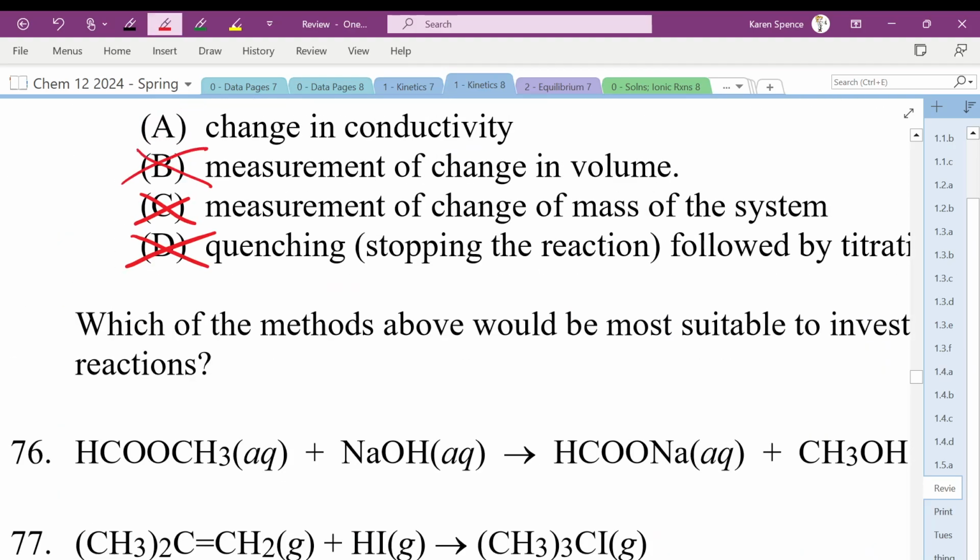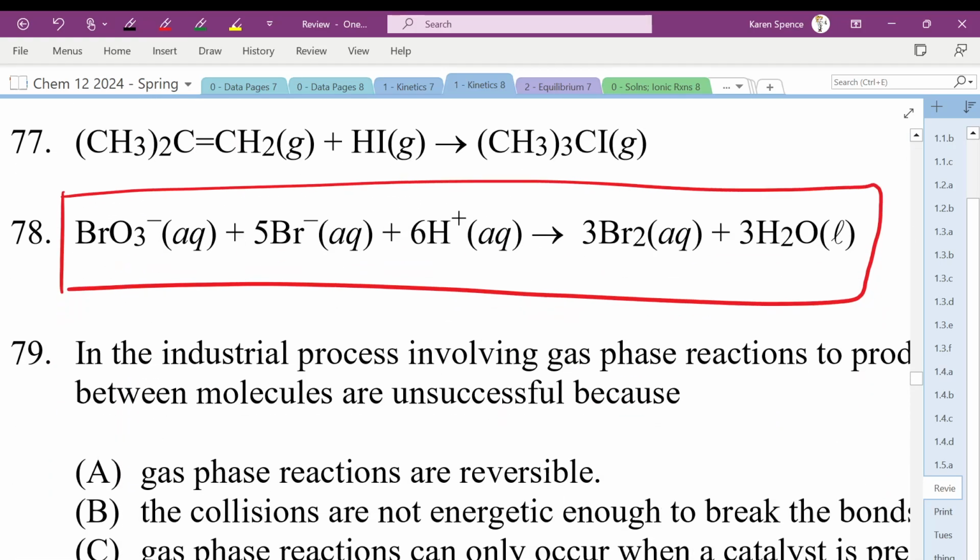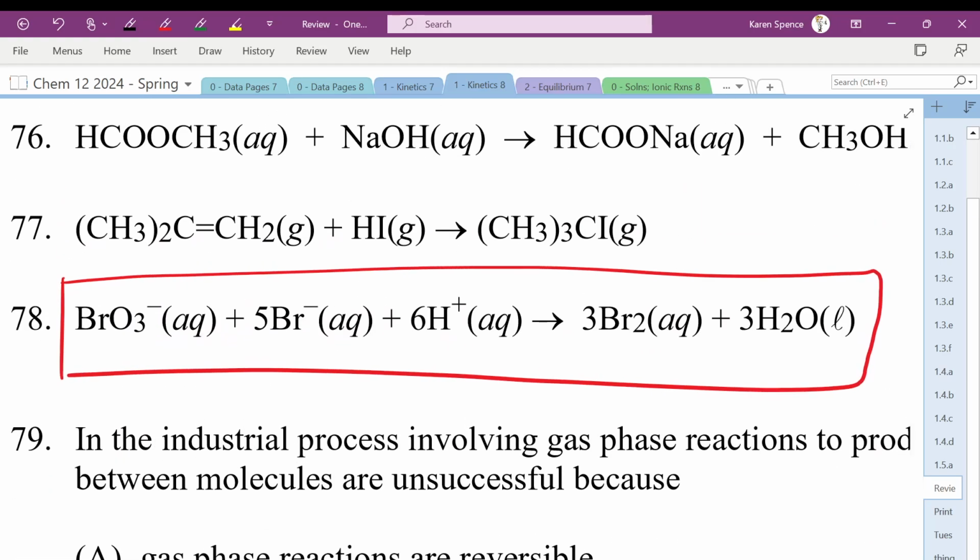So it's got to be a change in conductivity. Now, you can do it by process of elimination. You can also look and say, over in the reactants, I have an ion, I have 5 ions, and I have an ion. Ions conduct electricity in solution.